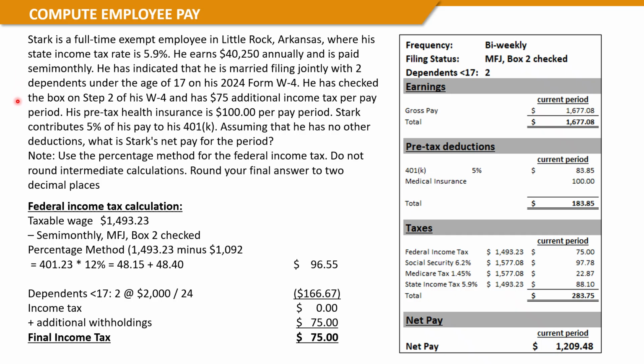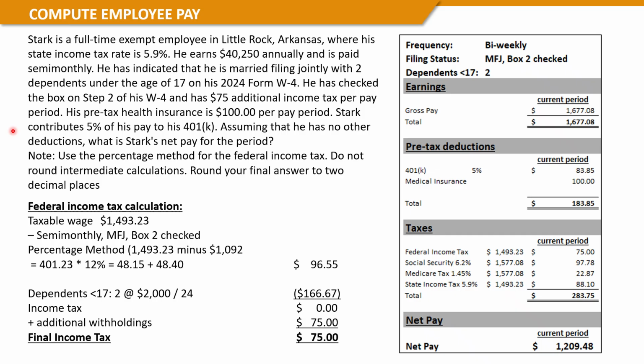He has checked the box on step 2 of his W-4 and has $75 additional income tax per pay period. His pre-tax health insurance is $100 per pay period. Stark contributes 5% of his pay to his 401k. Assuming he has no other deductions, what is Stark's net pay for the period?